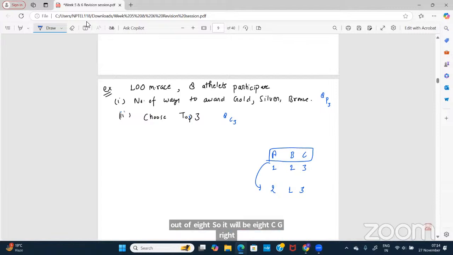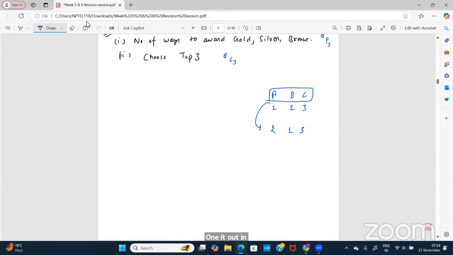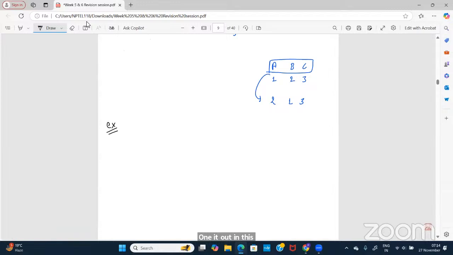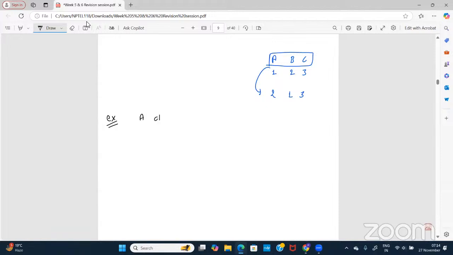Any doubt in this? You can understand it like this also. Suppose you have a class of 40 students. First, you have to select or choose 2 leaders.